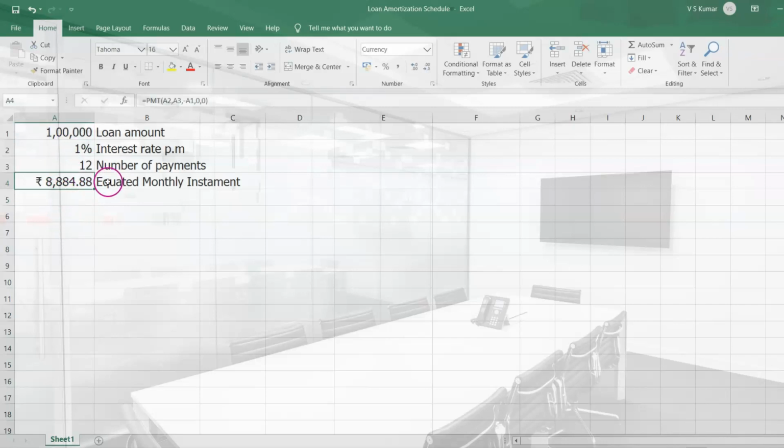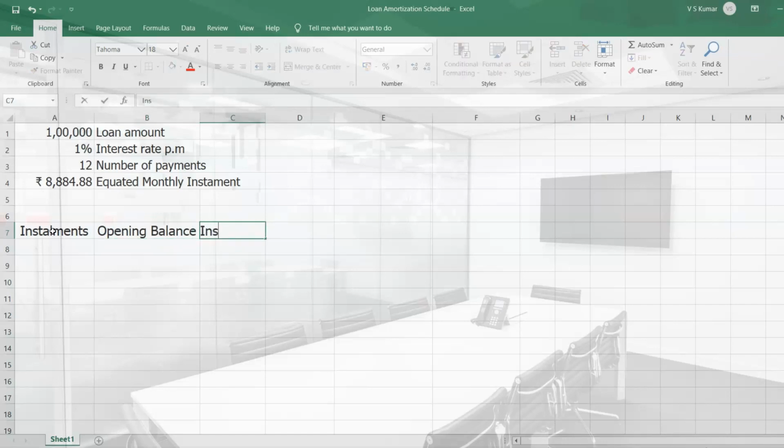Now we prepare the schedule. So installments, loan amount or opening balance, EMI, interest, principal repayment, closing balance.